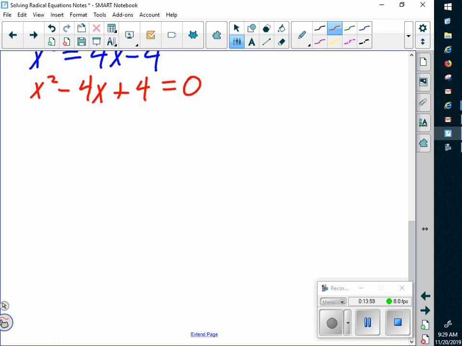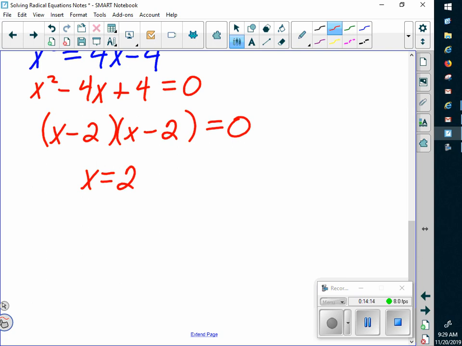This will factor. Hang on. Good. X minus 2 times x minus 2, or x minus 2 squared. Wait a minute. I thought we were supposed to have 2 answers. It's the same answer. Good. It's the same answer twice.